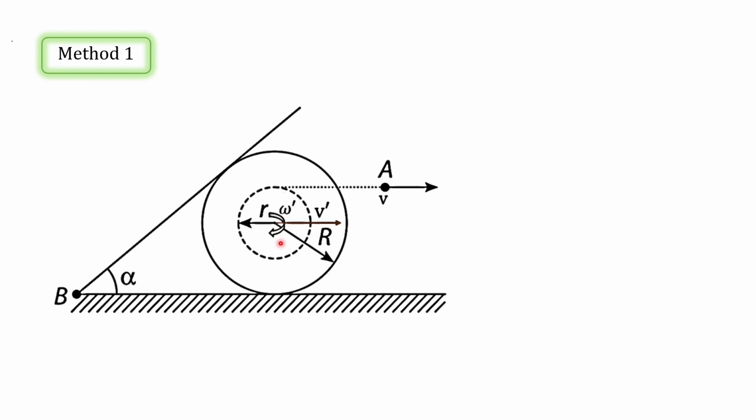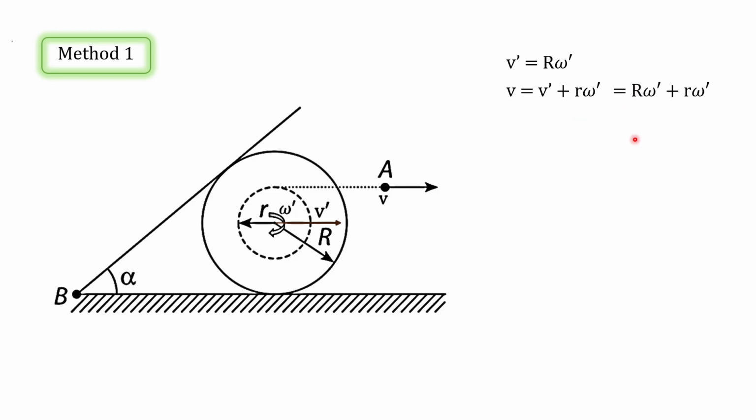So I draw this diagram again, and I assign the angular velocity of the bobbin as omega dash and the velocity of center of mass as v dash. So it is evident that v dash equals r into omega dash because the bobbin is purely rolling. If you look at this point on the thread, it has a velocity v, which is given. Now this v equals v dash plus small r into omega dash, the velocity of center of mass plus the additional rotational velocity, right?